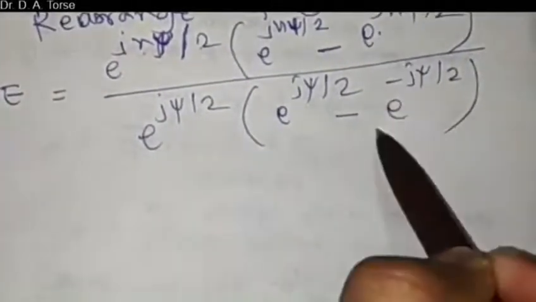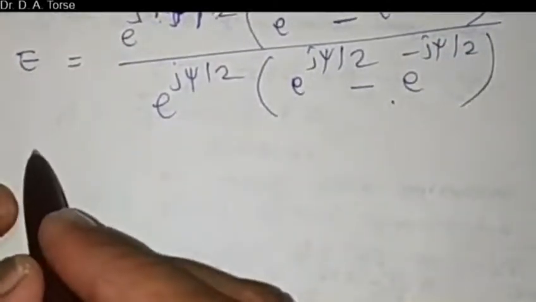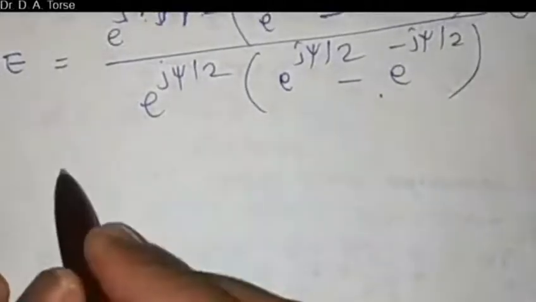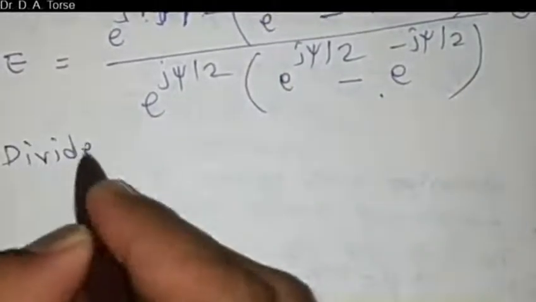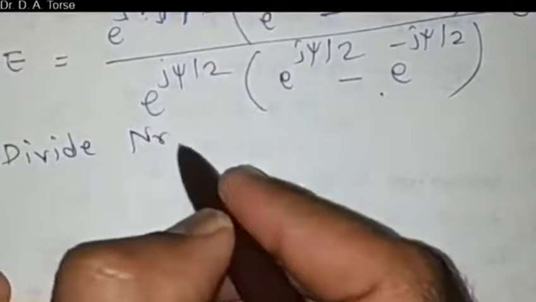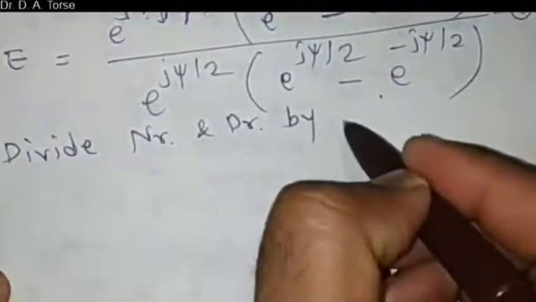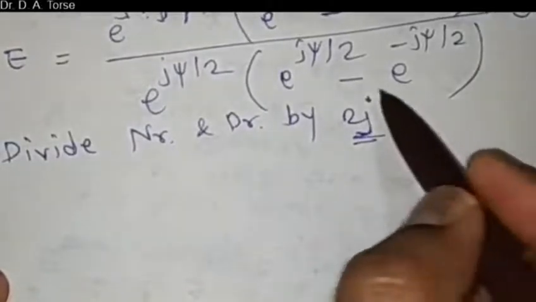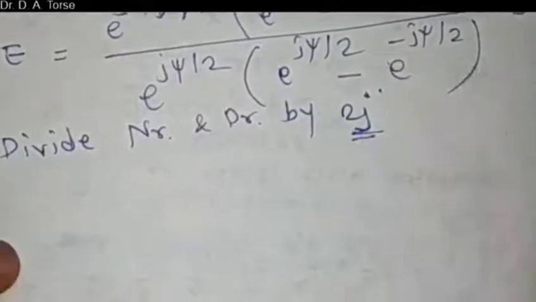In the numerator and denominator, the form that we are getting can be of a sine form if we manipulate this equation number 5 by dividing the numerator and denominator by 2j.